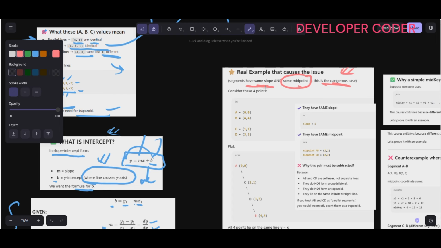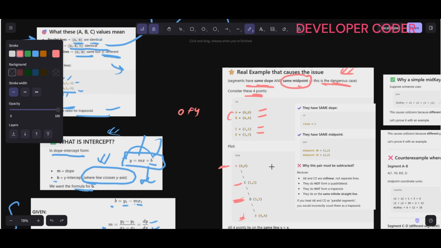Okay, why? Let's see. So consider these 4 points, A, B, and C, D. If you calculate the midpoint of A and B, 0 plus 4 divided by 2, and here 0 plus 4 divided by 2, you are going to get 2 comma 2. Here also for C and D, you calculate the midpoint, 1 plus 3 divided by 2, 1 plus 3 divided by 2, you are going to get 2 comma 2. Same midpoint you are getting for these two.